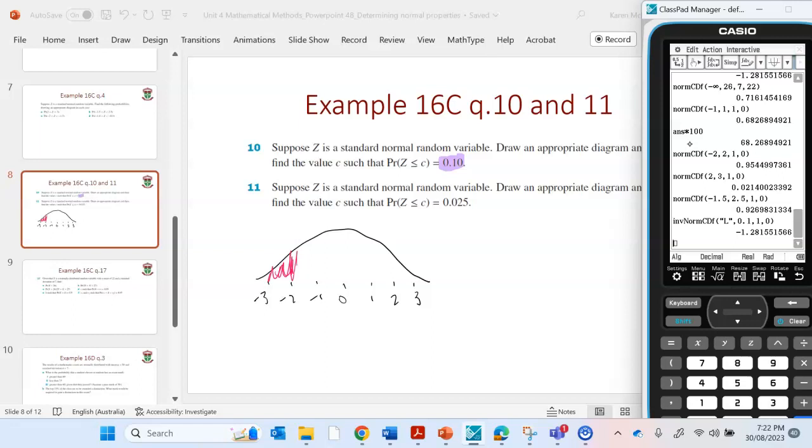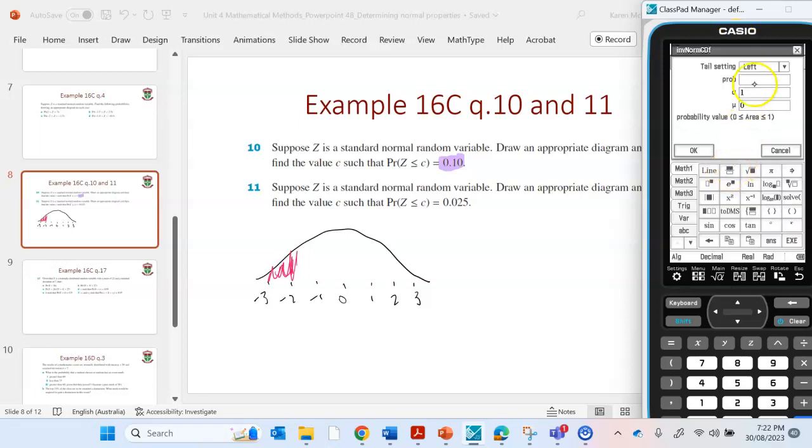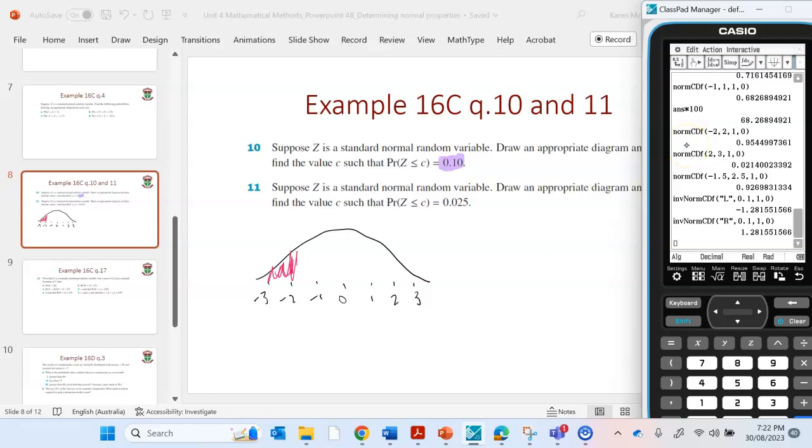If I did it the wrong way around, so let's say I changed this to the right and did 0.1. It's going to be down the other end of our normal distribution. So you can see there at 1.28.